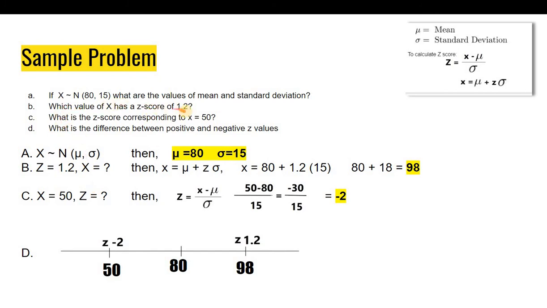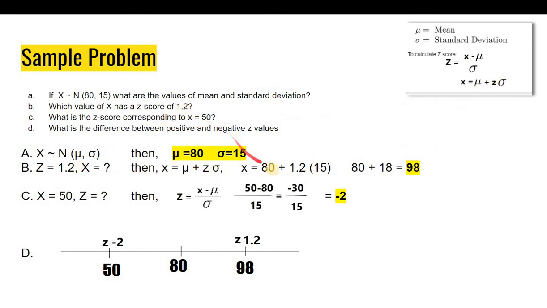Now for B, which value of x has a z-score of 1.2? So, paano natin nahanapin yung x, no? Equivalent to the z-score of 1.2. So, our given is z equals 1.2 and then yung x, that's what we are trying to look for. If we are looking for x, again, we would have to refer to this formula. X is equal to mean plus z-score multiplied by the standard deviation. So, nilagay natin yung formula dito. X is equal to 80, ayan yung mean, plus z, ano daw yung z-score?